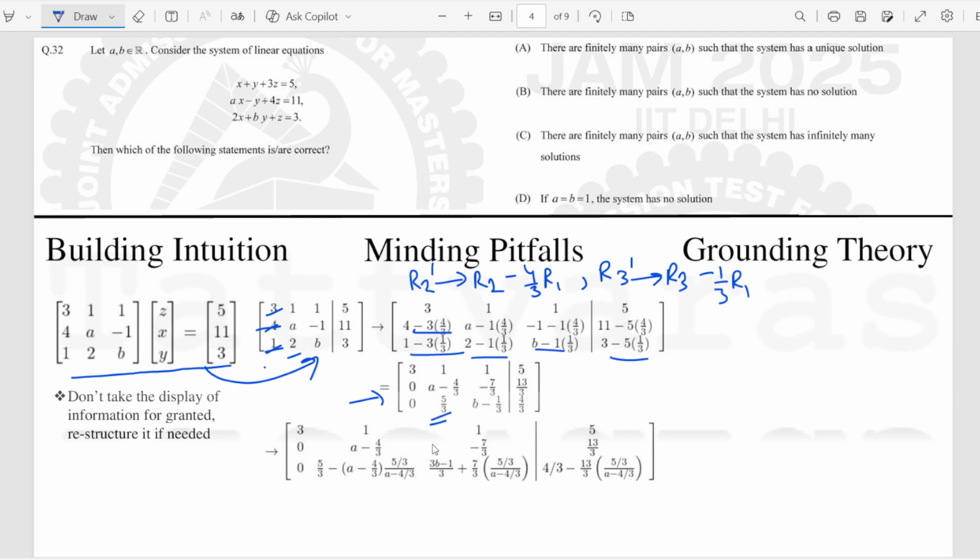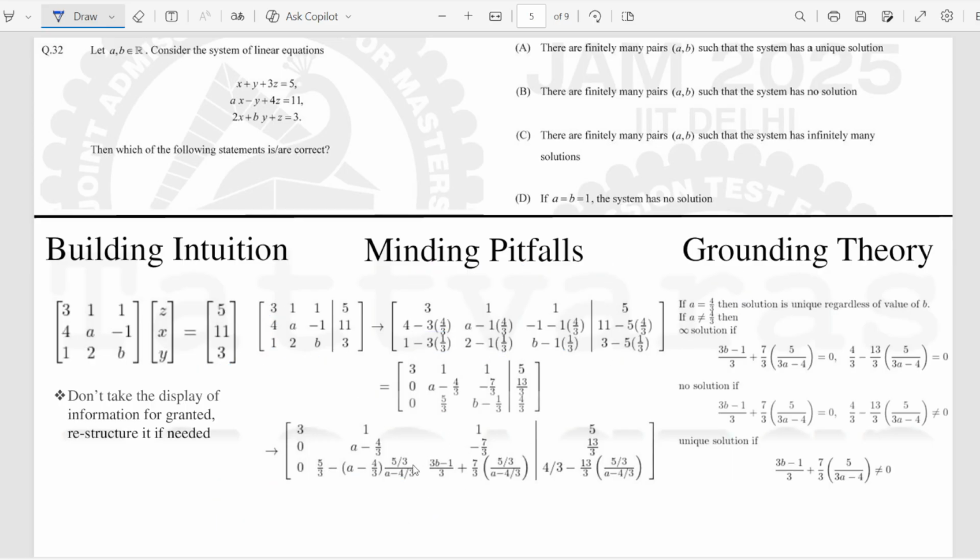Now to make this 0, we have to again do row 3 minus 5 by 3 times a minus 4 by 3 row 2, because this is how this element over here will become 0, provided a is not equal to 4 by 3.